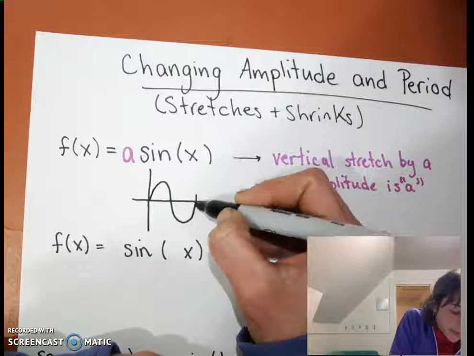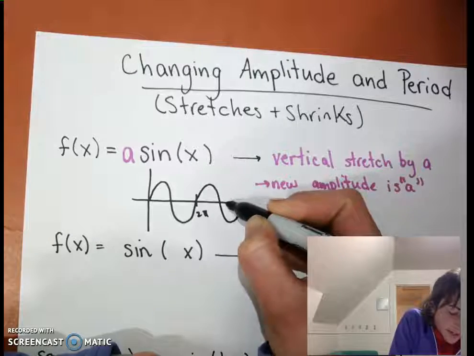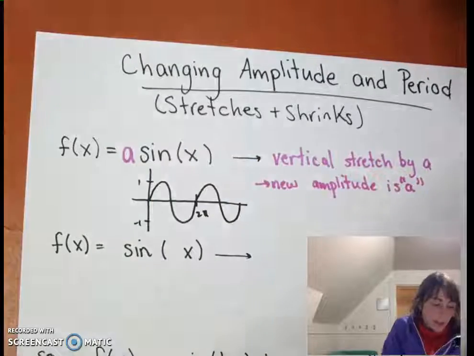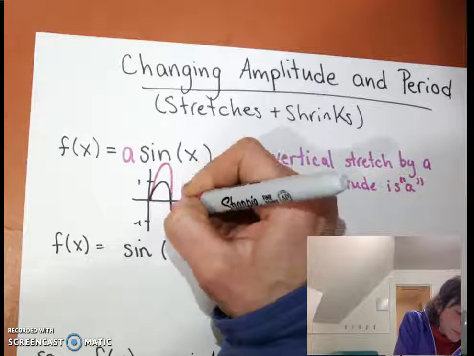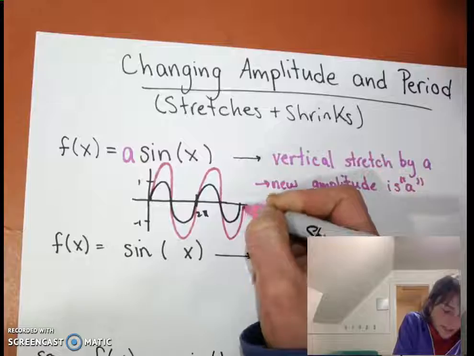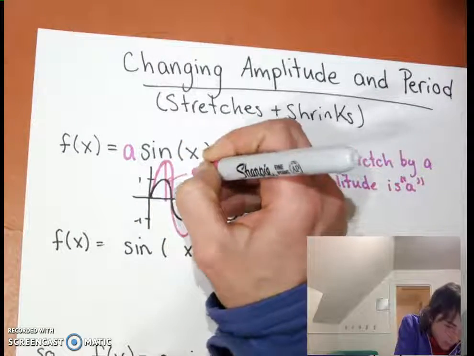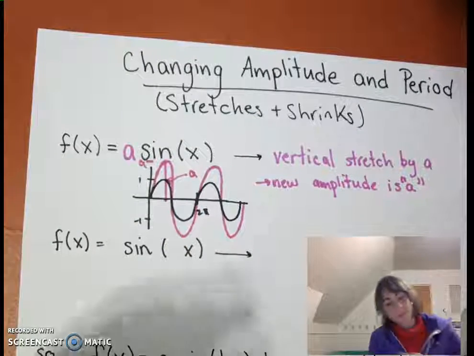We get this wave. It starts repeating itself at 2 pi, etc. And it has a maximum at 1 and -1. Now our new graph is going to have the same shape, the same intercepts, except it's going to be stretched. And the new amplitude is going to be a, because the new high point is going to be at a.